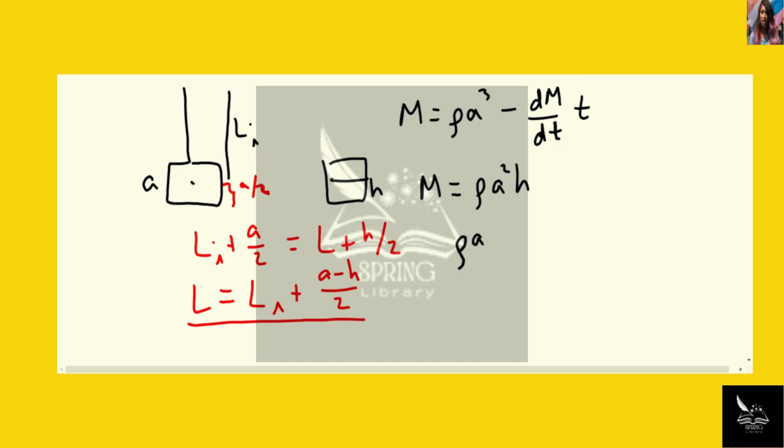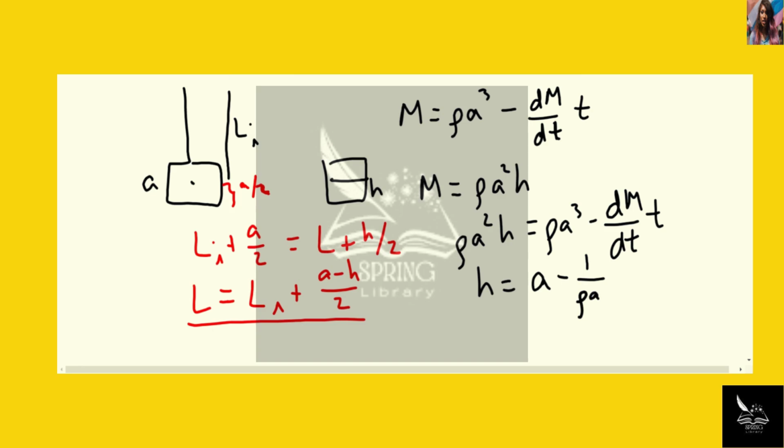So we have rho A squared H equals rho A cubed minus dm dt times T. And I'm going to be careful. I want to get an A minus H. So I'm going to divide everything by rho A squared.